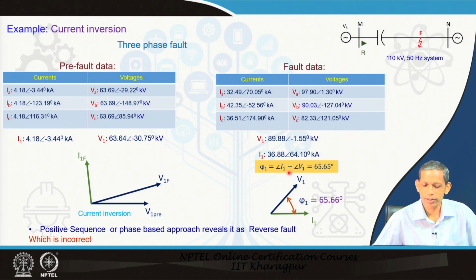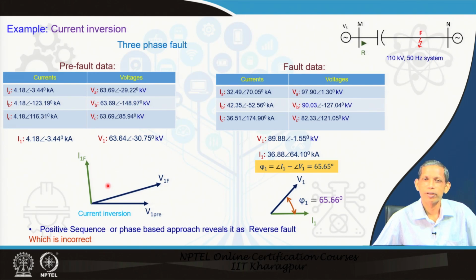So, that means that the positive sequence based approach fails in the case of a current inversion situation in the circuit. If you see V 1 f and this I 1, the I 1 is leading, and that clearly shows that this is a situation of current inversion.